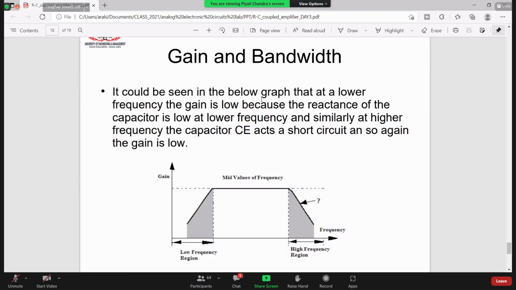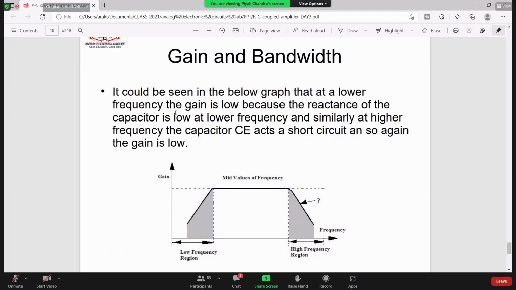And it can be seen in the graph below that at lower frequency the gain is low, because the reactance of the capacitor is high at a lower frequency. What is reactance? Reactance, as I already told you, is X equal to 1 by 2 pi f C. So when f is very low, the reactance value of a capacitor is high at the lower frequency point.